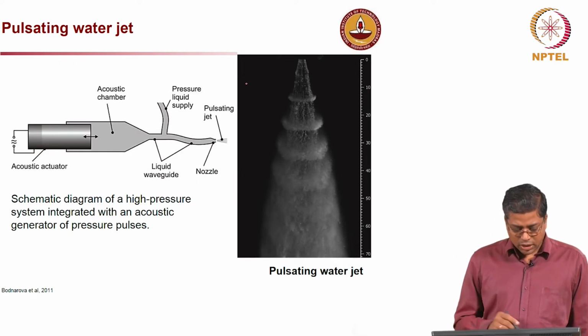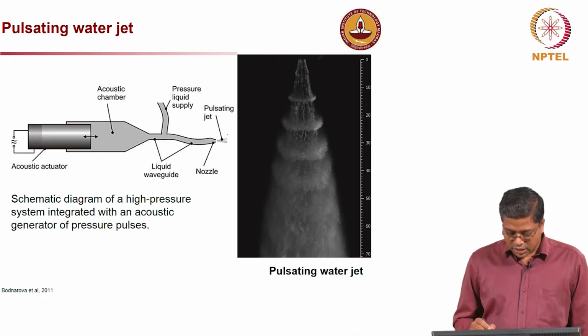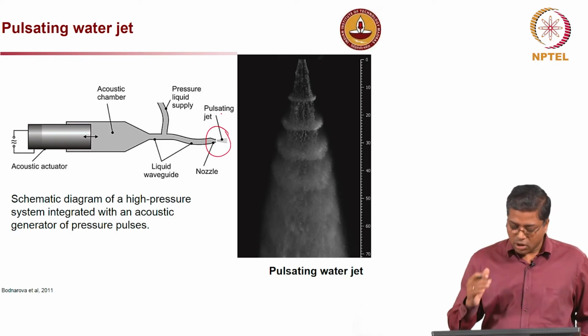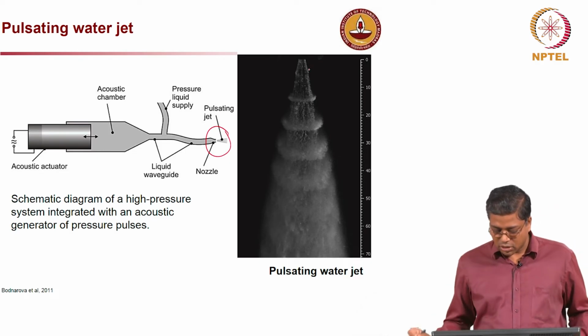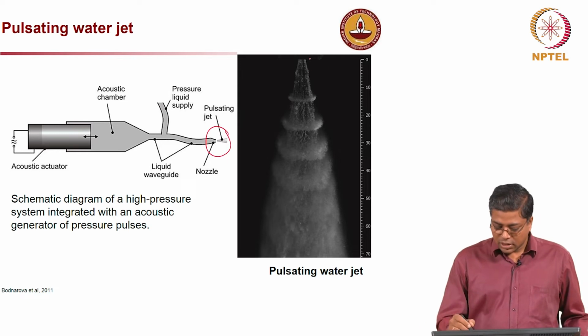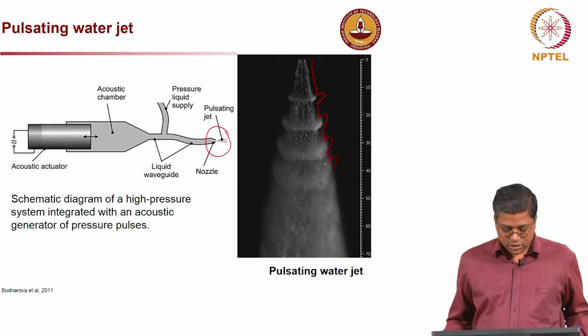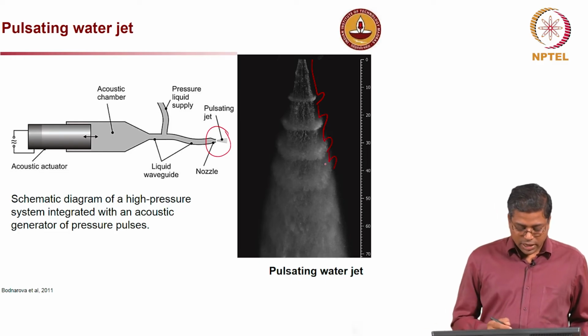This is the schematic for a pulsating water jet. As you see in the picture on the right side, the jet is not sprayed continuously; there is a gap between each jet that comes out. So it is like a pulse.